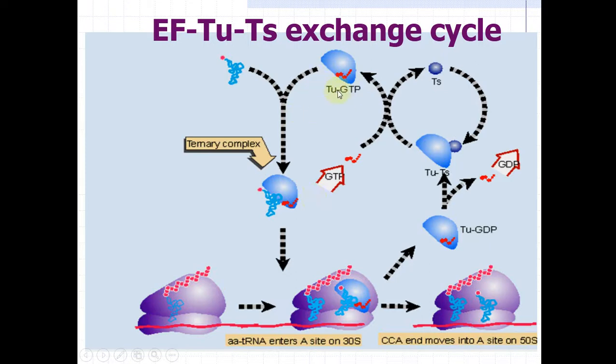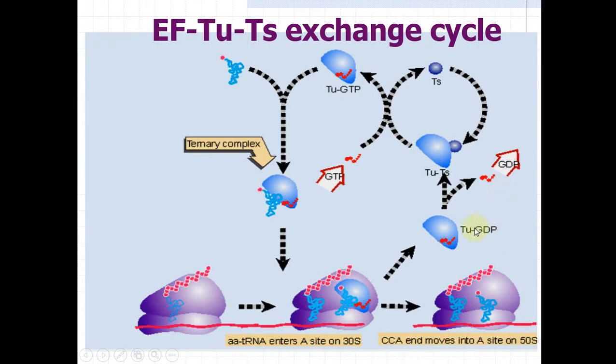Now this EF-Tu-GTP brings charged tRNA and drops it in the A site. The A site is empty, and in the P site is peptidyl tRNA, which carries the peptide of amino acids. Once the correctly charged tRNA is inserted into the A site, GTP is hydrolyzed to GDP and EF-Tu-GDP is released.